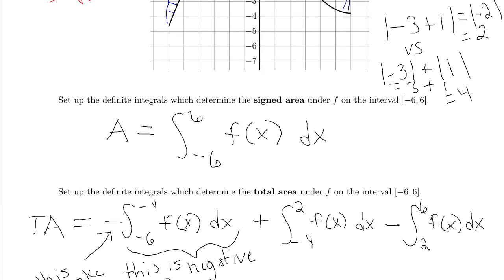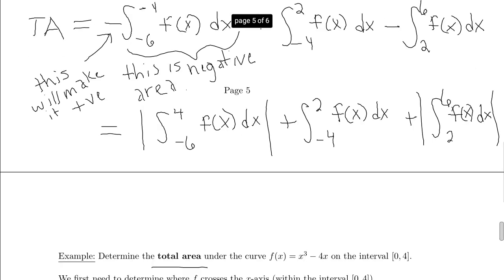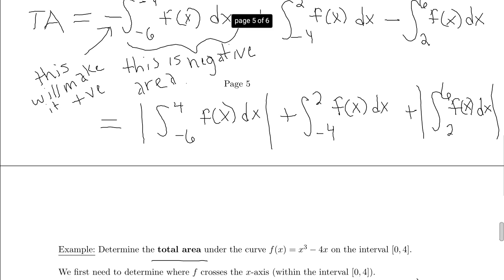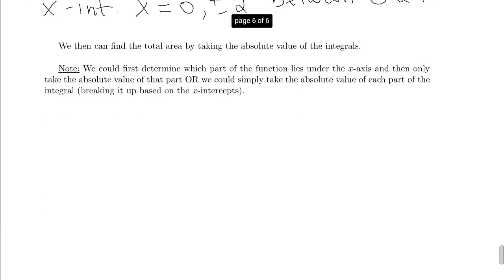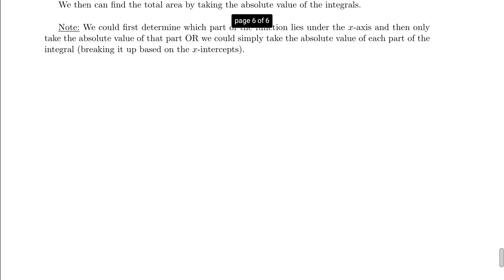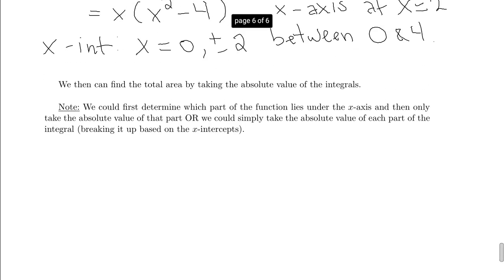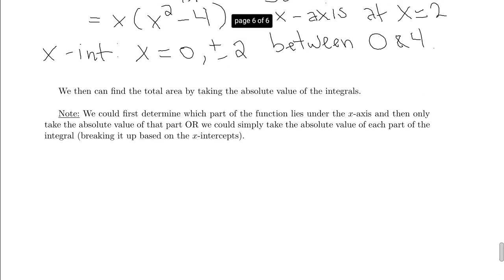You do need to break it up, but you don't actually need to figure out where it's negative and where it's positive. You can just take the absolute value of each piece, and it won't change your answer. So for this example, on our integral from 0 to 4, we should be breaking it up at 2.